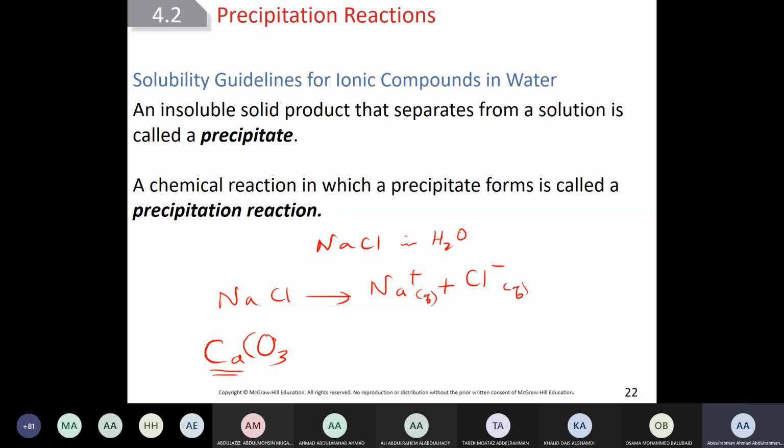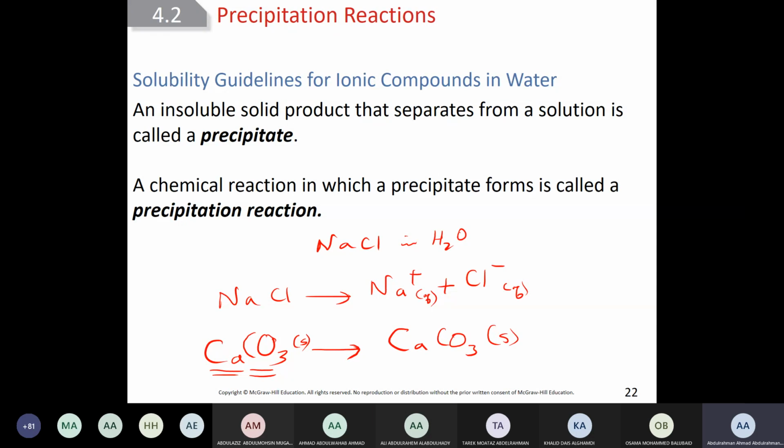Because it's metal with non-metal group. But if you put this in water, it will not dissolve. It will precipitate as CaCO3 solid. It will stay as it is. It will not make ions.